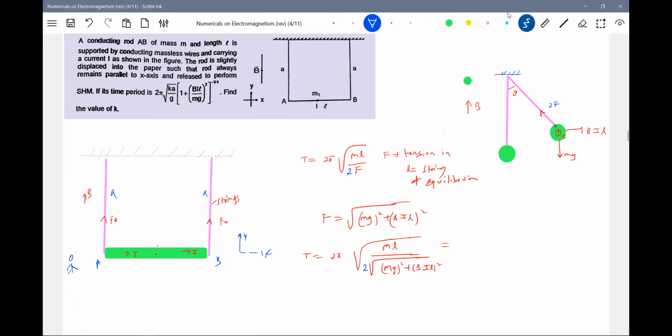What is this angle? Theta. Tan theta should be equal to F by mg. There's no problem with that. Effective length of the pendulum, so sorry. Here is what? The length of the pendulum is A. Okay, fine.